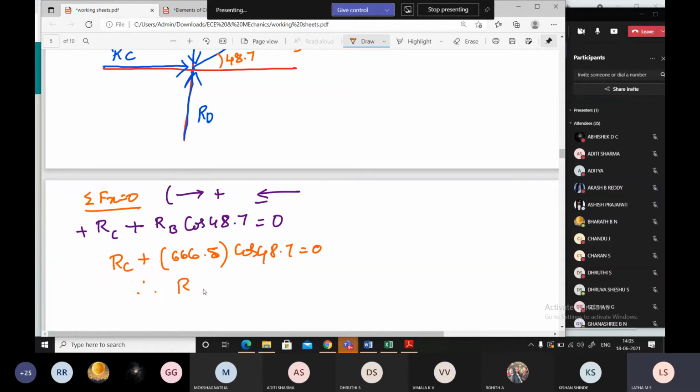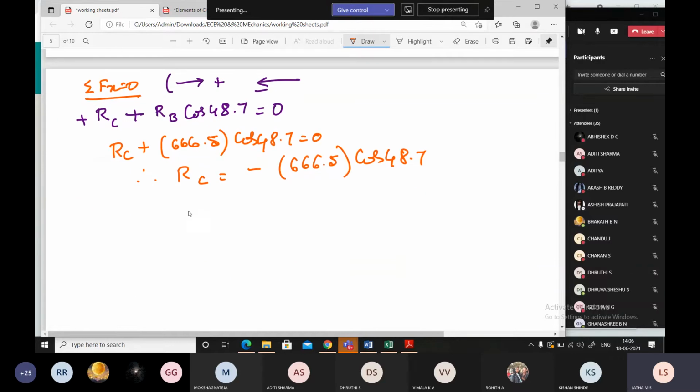Therefore, RC is equal to minus 666.5 into cos 48.7. What is the value of RC you're getting, students? 439.89. What's the unit? Newton, ma'am.